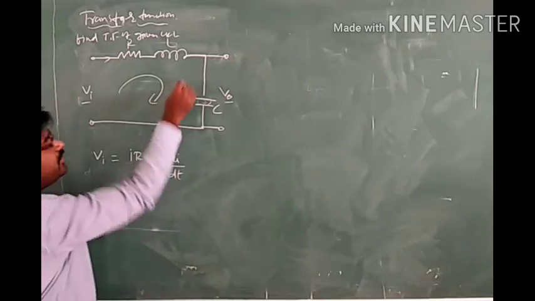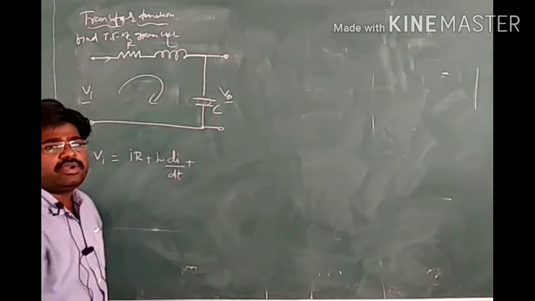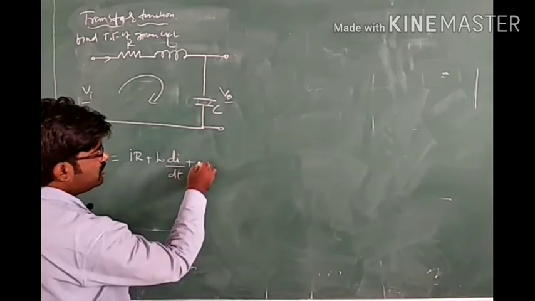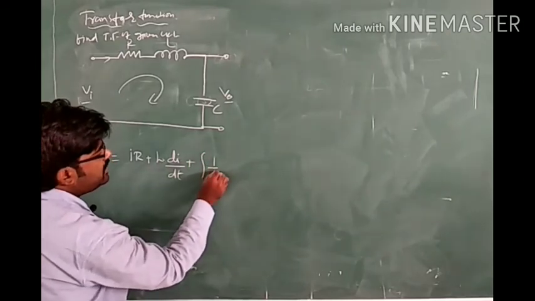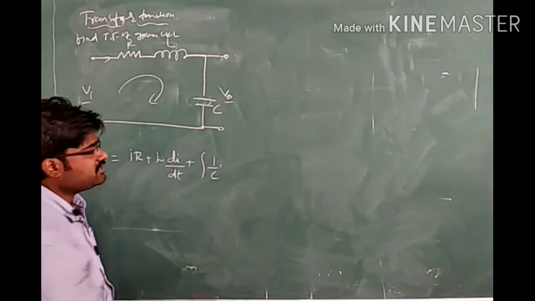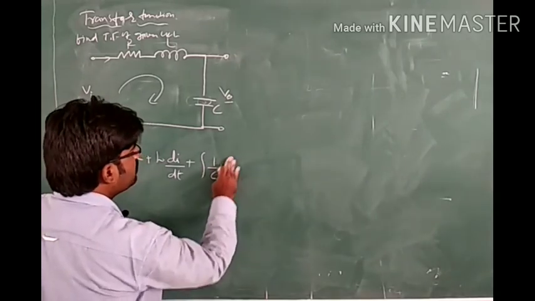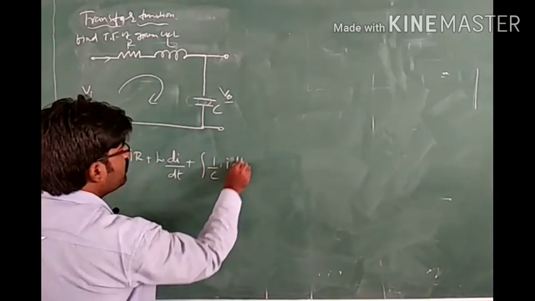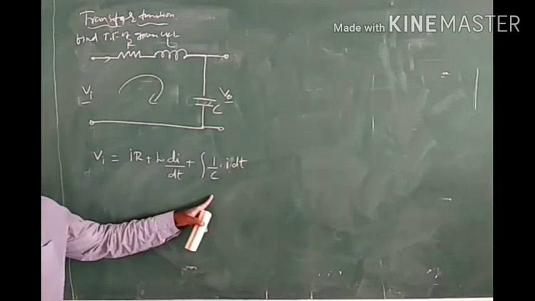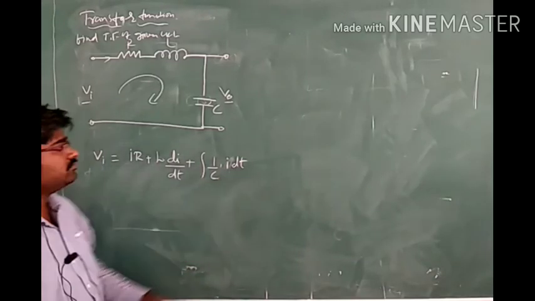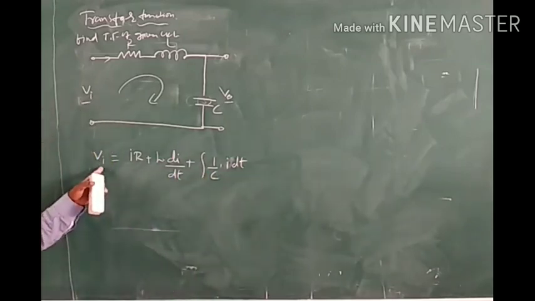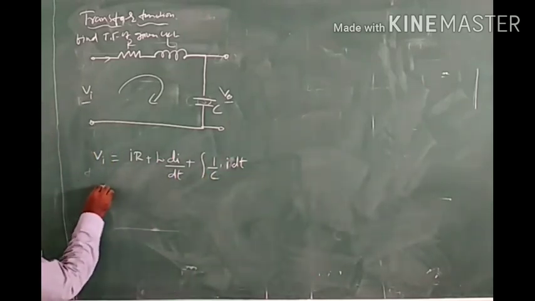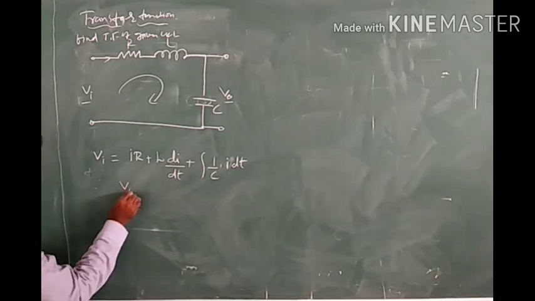And what is the voltage equation across the capacitor? Integration of 1 by C into I dt. That's it. So here V0 is equal to what, generally?